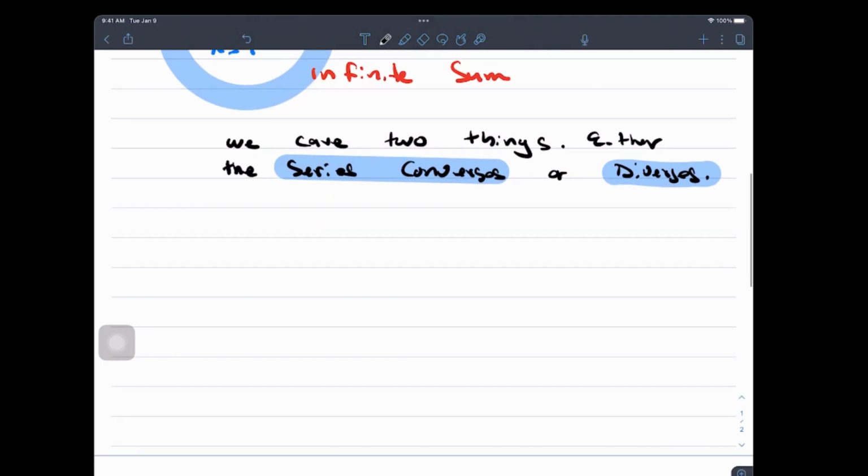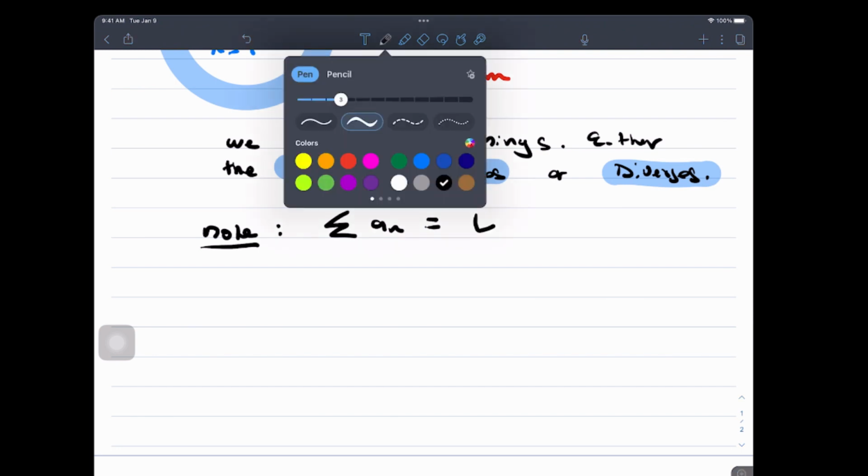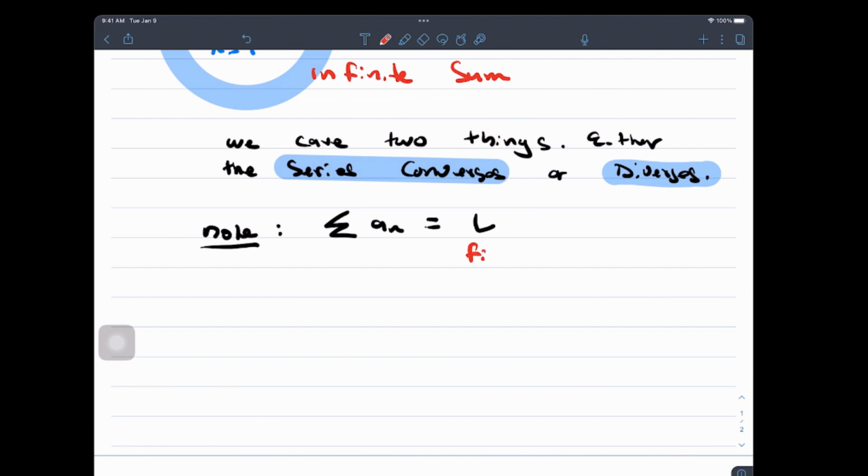So I want you guys to note here. Here's the thing. Either this thing adds up to some finite value L, where L is finite, or it's infinite.